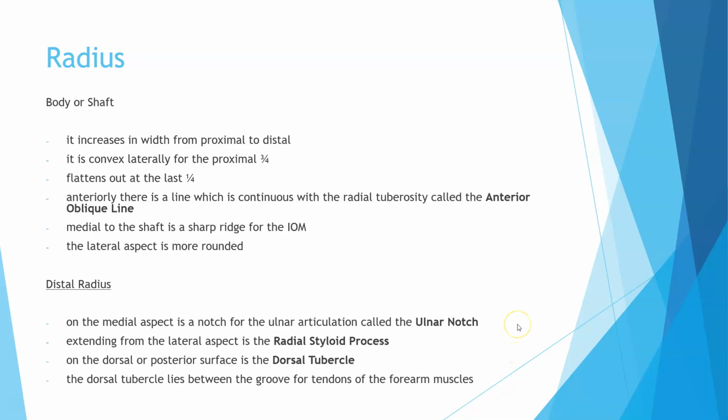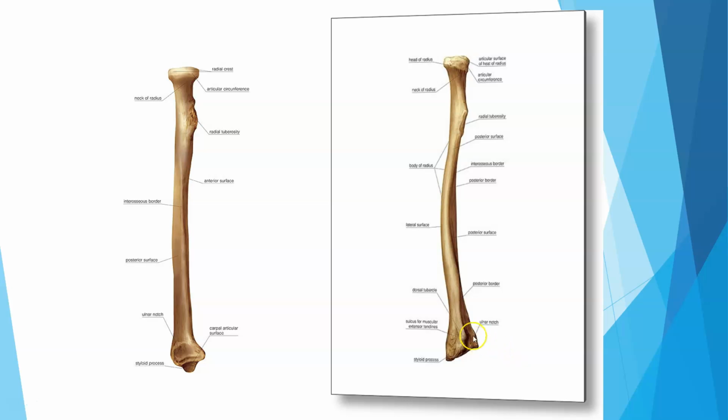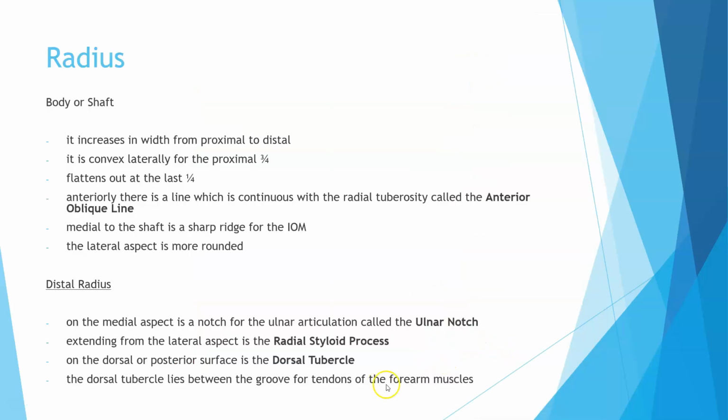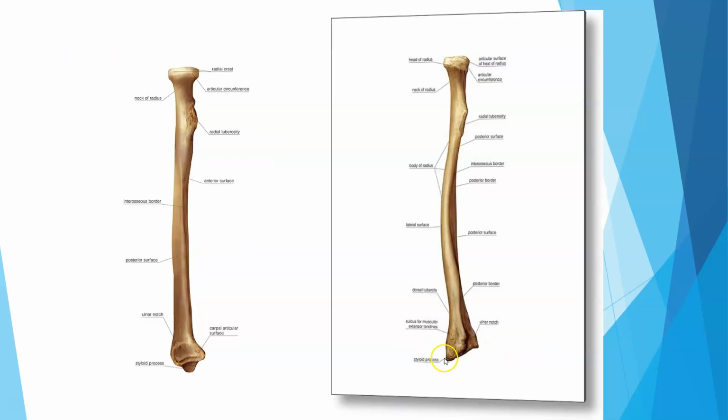On the lateral aspect of the distal radius, we find a process that sticks out, and this is known as the radial styloid process. If you palpate yourself at the distal radius, you'll find a very sharp process, and that represents the radial styloid process, which we see right here at the very end.